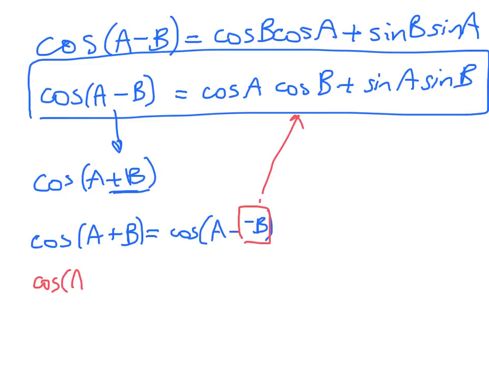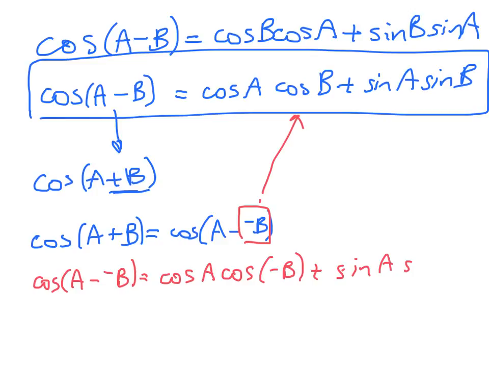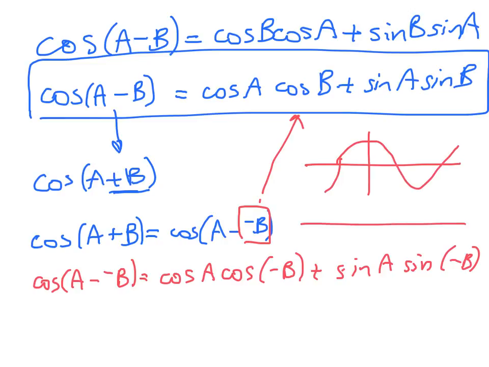So cosine of A minus negative B is equal to cos of A cos of negative B plus sine of A sine of negative B. Now think back to what we know about these functions. There's my cosine graph, there's my sine graph.